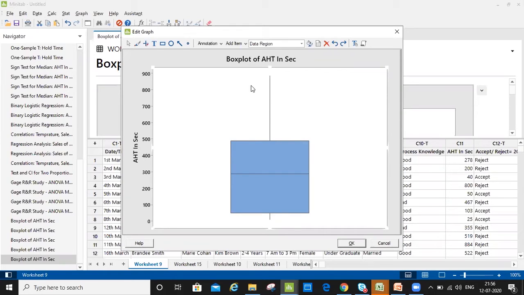Therefore, it is for sure that this particular Q4 is doing exceptionally poorly and I'll have to work upon it. This quartile requires a lot of focus and attention because they are performing significantly worse than others.